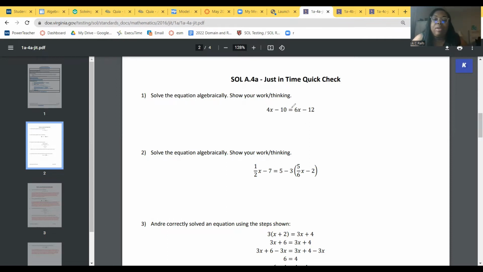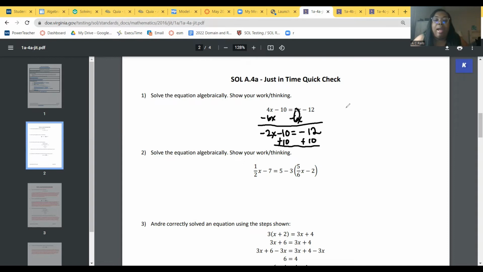All right, if you like your variables on the left, that means you're going to have to subtract 6x from both sides. Then you'll end up with negative 2x, bring down the minus 10 is equal to, well, 6x minus 6x is 0, is equal to negative 12. Now it's time to move the constants. We'll have plus 10 on both sides.